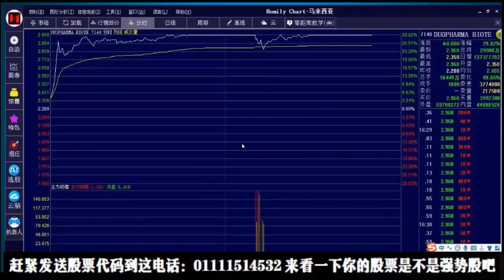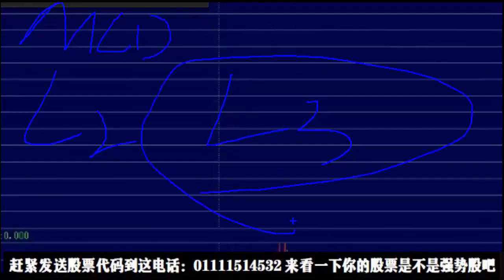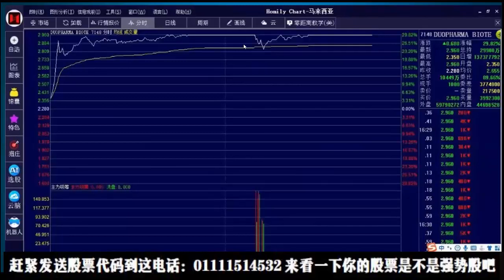This indicator we call the level 3 indicator. The MACD is a level 2 indicator. Level 3 is chips, a high level, advanced indicator.